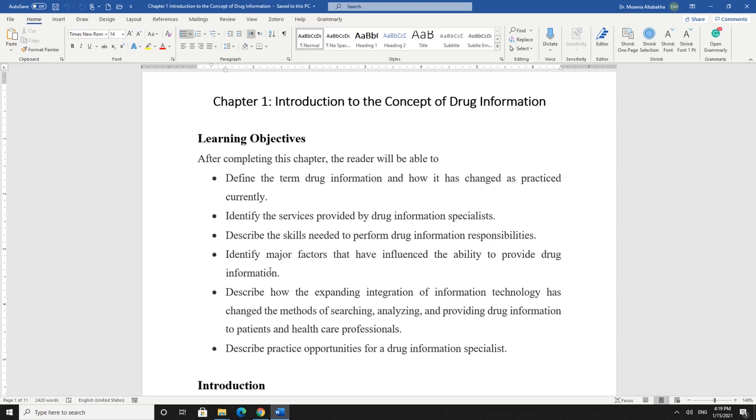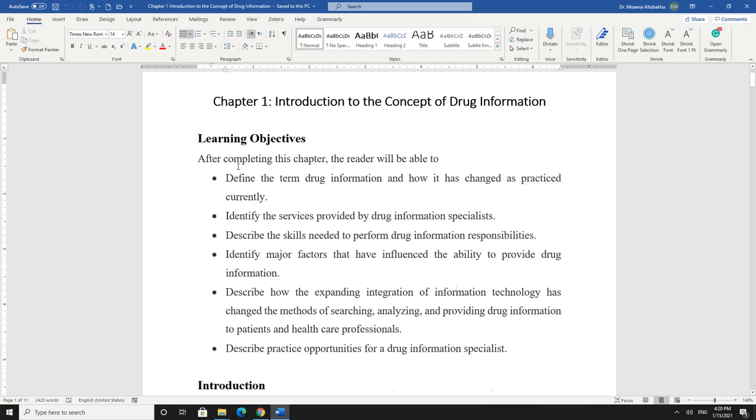We have what we call conflict of interest. Of course, here it means instead of providing accurate information because we care about patients, we may provide false or not really accurate information in order to gain money.